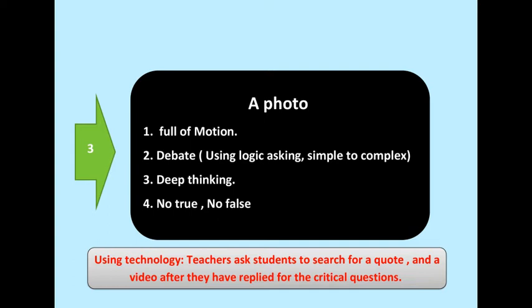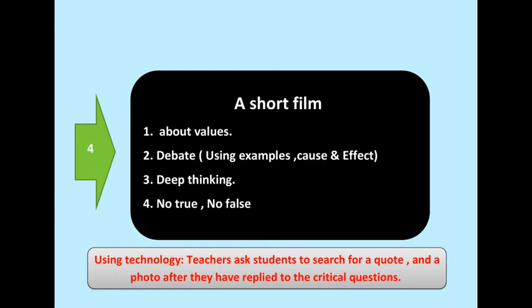Then, how do you feel about this photo? Now, again and again, raise the logical answers, asking what if? What would happen if you added something in the photo? What would you add? And so on. Collect the deep thinking and don't answer for them true or false. Just debate.